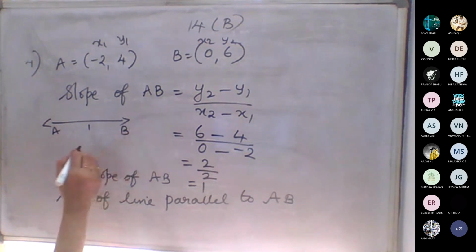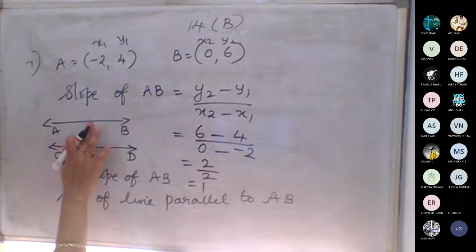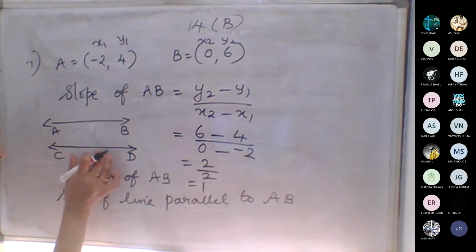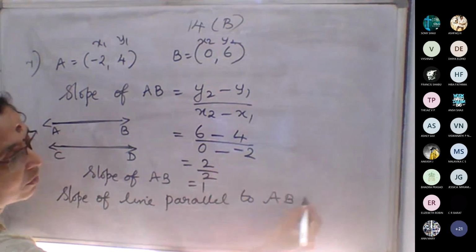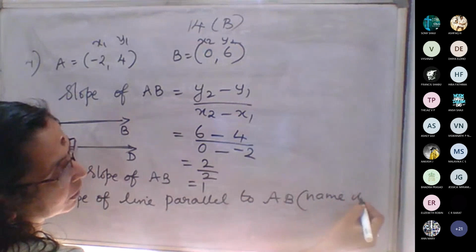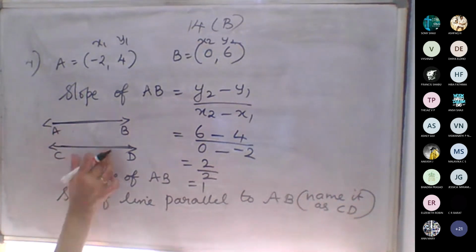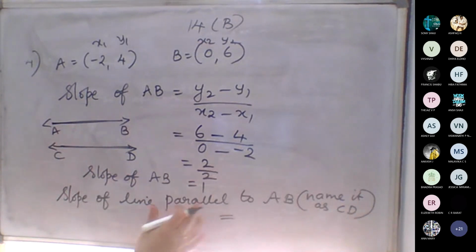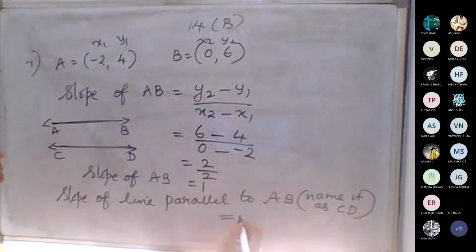These two, AB and CD, are parallel lines, so we have to find the slope of CD, which is parallel to AB. For our convenience, we are writing it as CD. So what will be the slope of CD? It will be 1. The slope of the line parallel to AB is also 1.